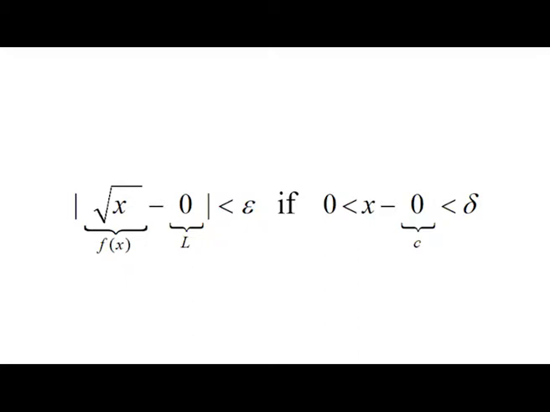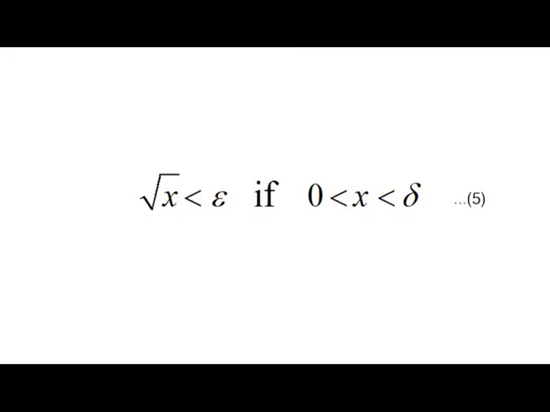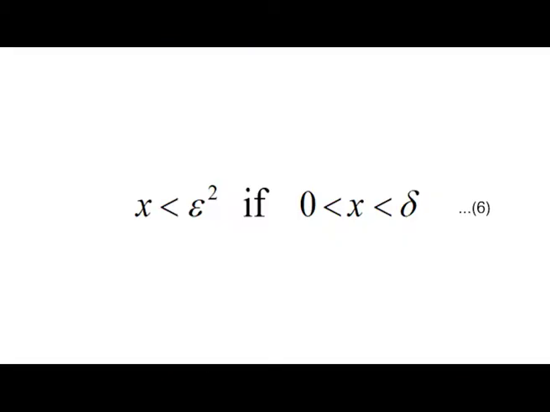We must show that |square root of x minus 0| is less than epsilon if 0 is less than x minus 0, which is less than delta, or more simply, square root of x is less than epsilon if 0 is less than x less than delta. But squaring both sides of the inequality, square root of x less than epsilon, we can rewrite the above statement as x less than epsilon squared if 0 is less than x less than delta.